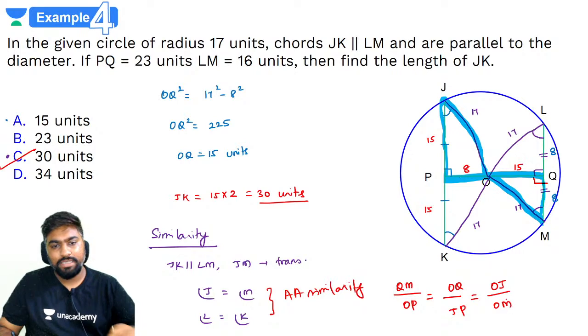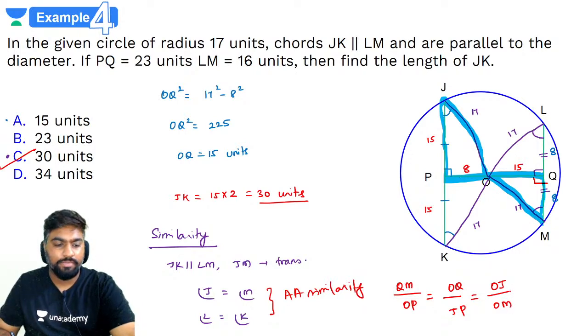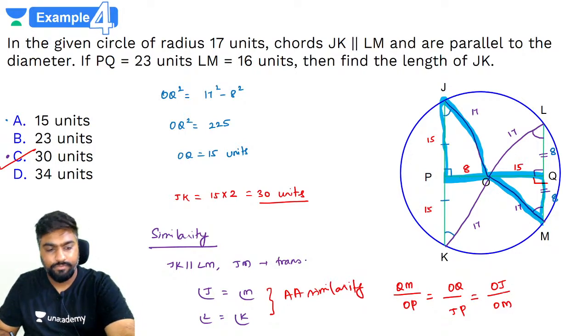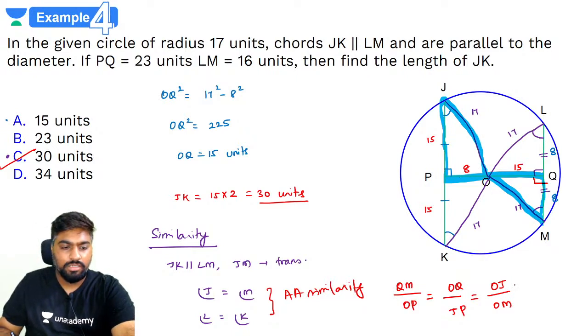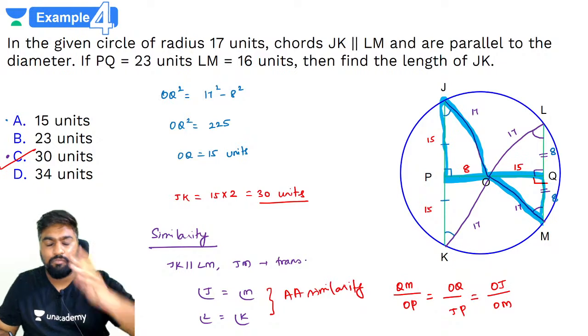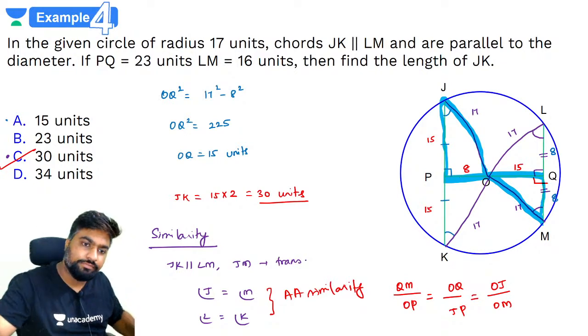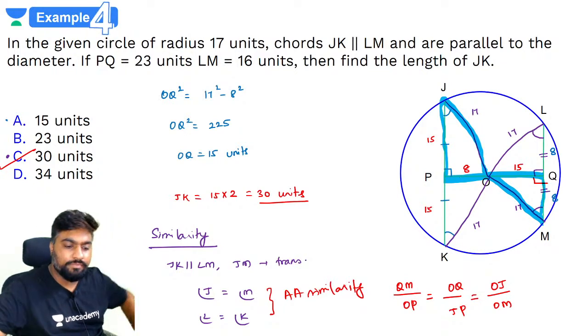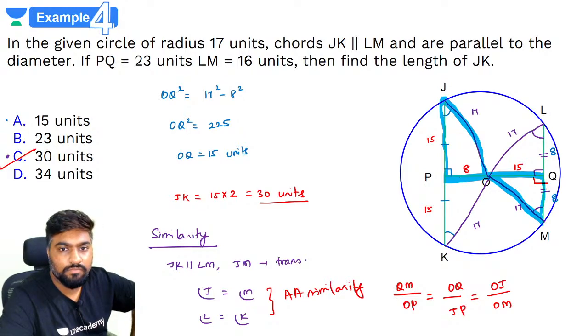Getting it? By similarity also you can do it, or by Pythagoras also, whatever works for you. If similarity works, then similarity. If Pythagoras works, then Pythagoras. Whichever you are comfortable with, depends upon that. Done.